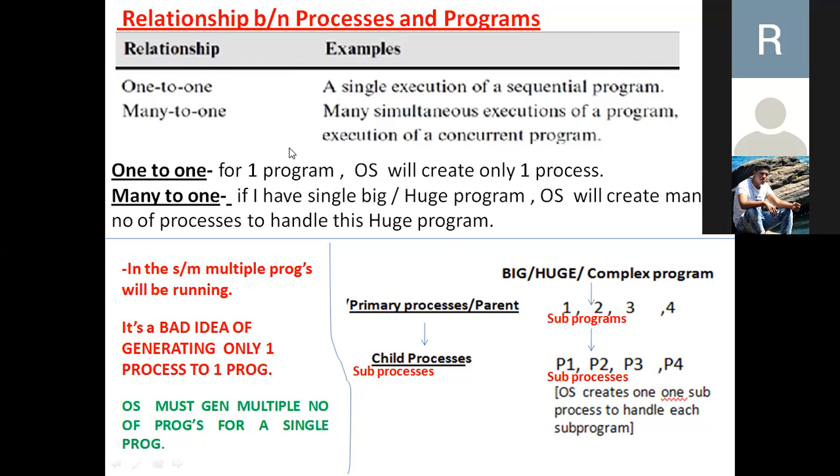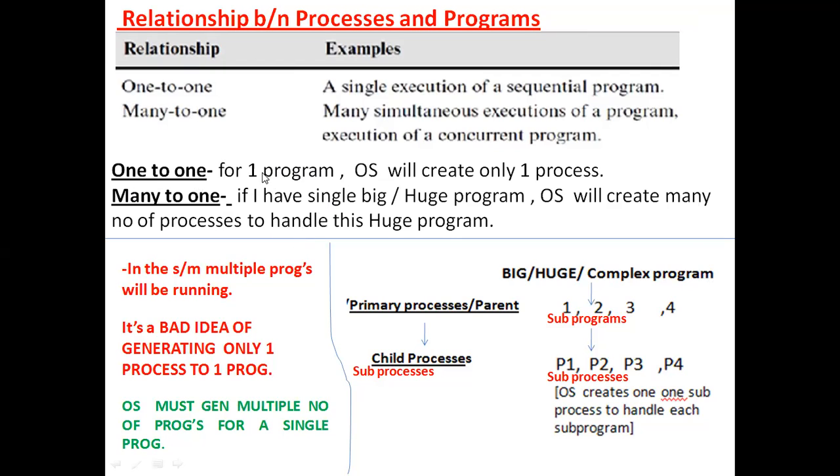What I said right now is expressed here in sentences. In a one-to-one relationship between the process and the program, for one particular program, the OS creates only one process. In case of many-to-one, if I have a very huge program, the OS will create many processes, n number of processes, to handle that huge program.